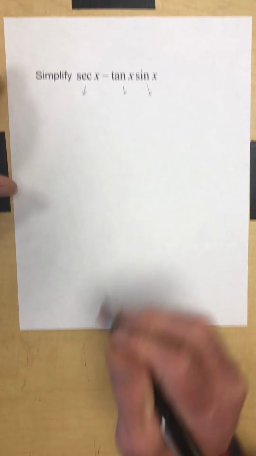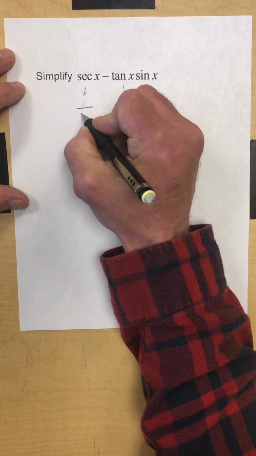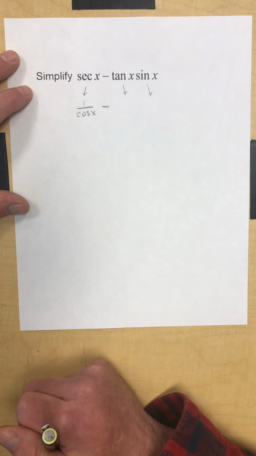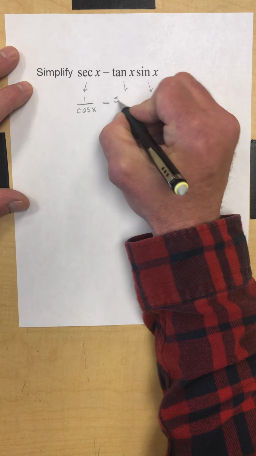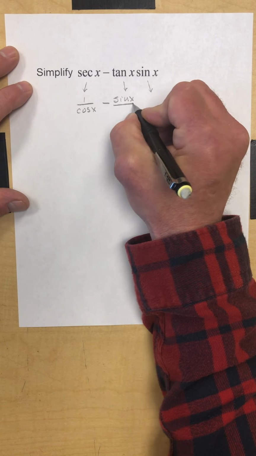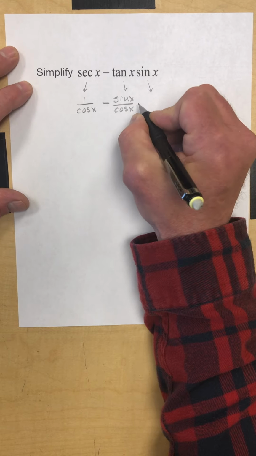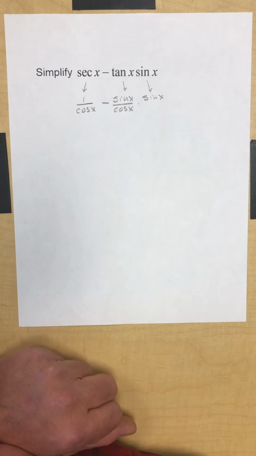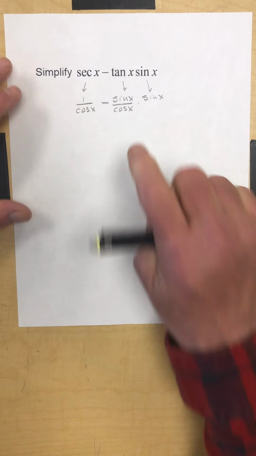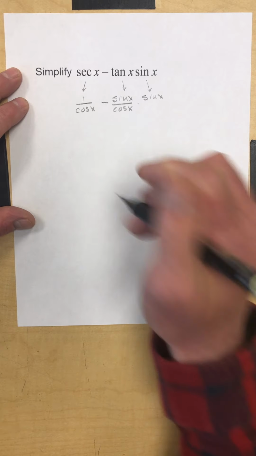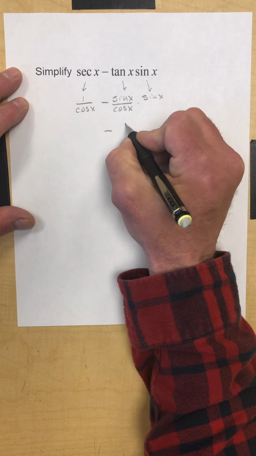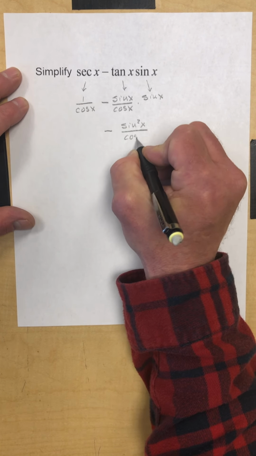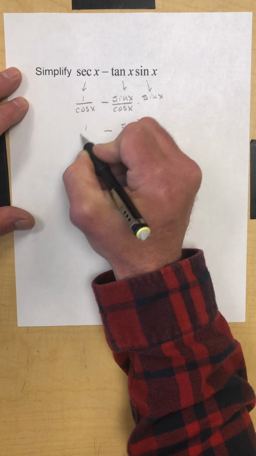Secant would be the reciprocal of cosine, so that's 1 over cosine of x minus tangent, which is sine over cosine, so that's sine x over cosine x times sine of x. If I take these two and multiply them together, I get sine squared of x over cosine of x, and then just bring this guy down.